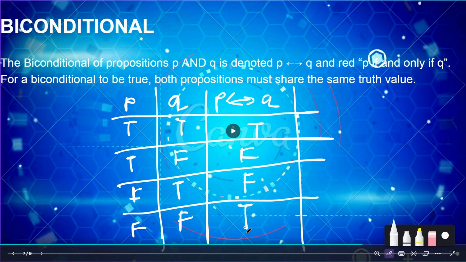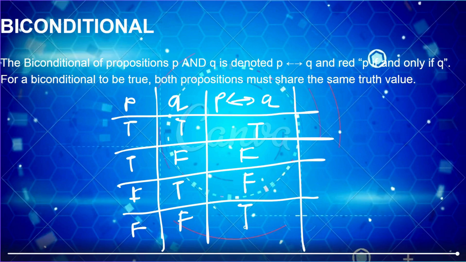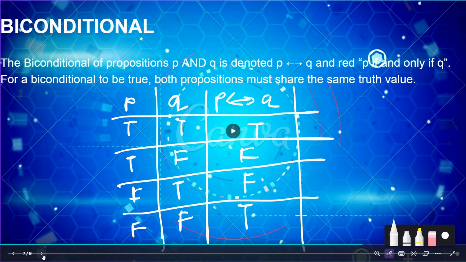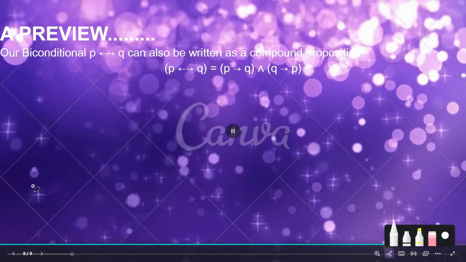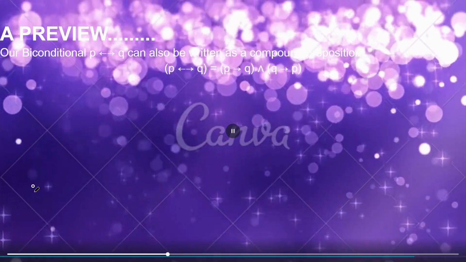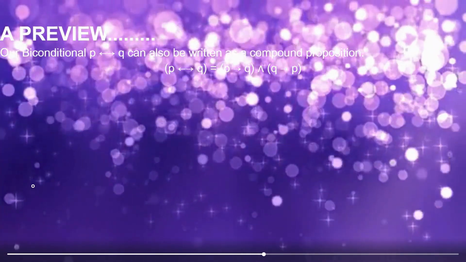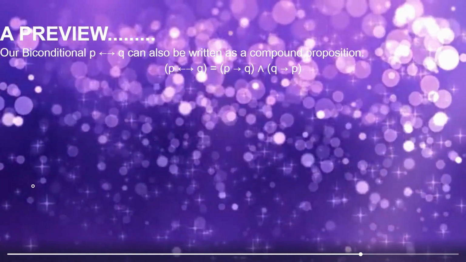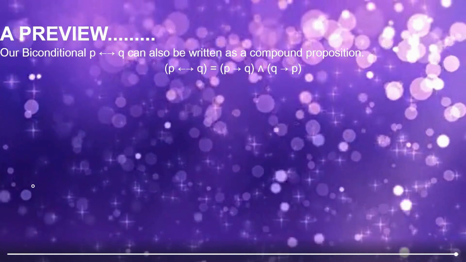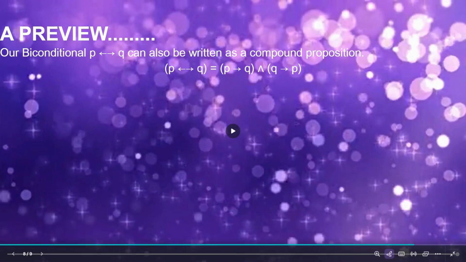So that's the answer of the truth table for the biconditional. For example, the previous biconditional P if and only if Q can also be written as a compound proposition. So that's an example of the question.